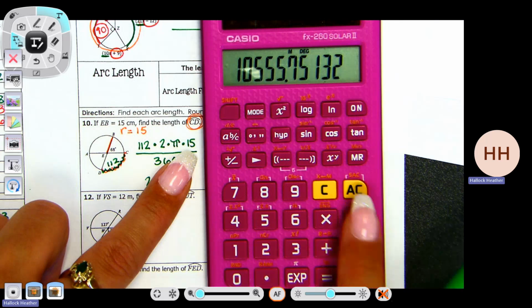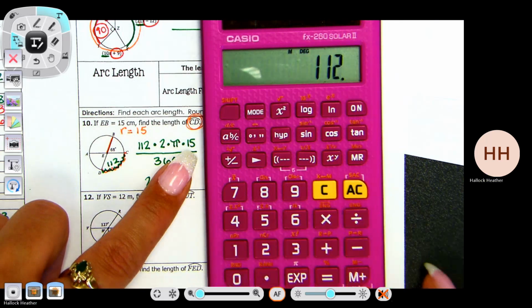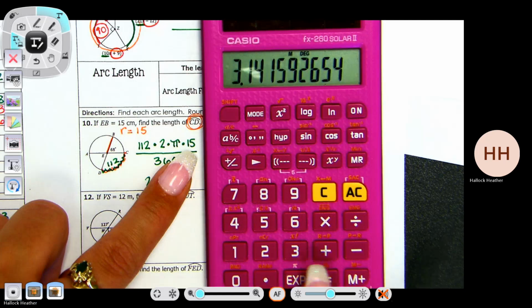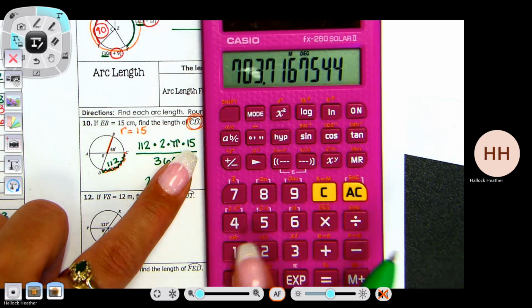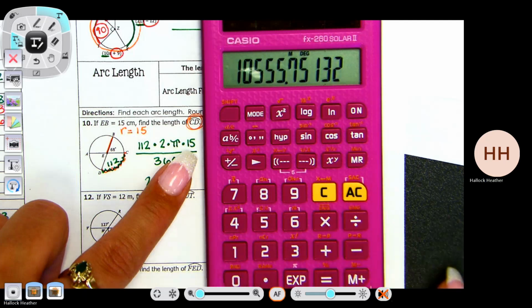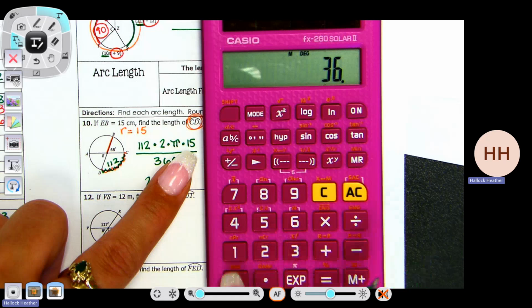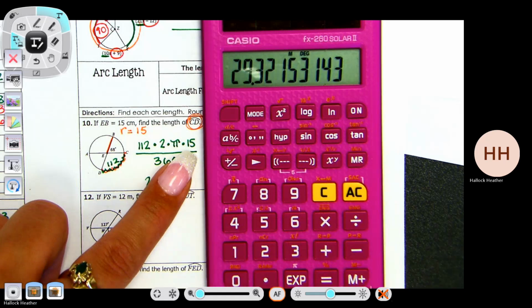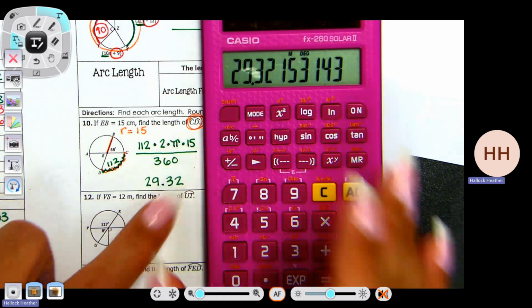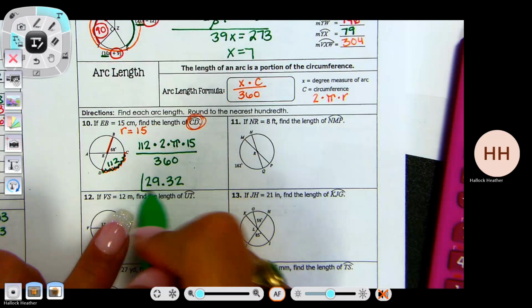Okay, let's do it again. 112 times 2 gets 224, times pi, which is EXP, times 15. Press equals, 10,555. Now divide by 360. Okay, let's do it again.